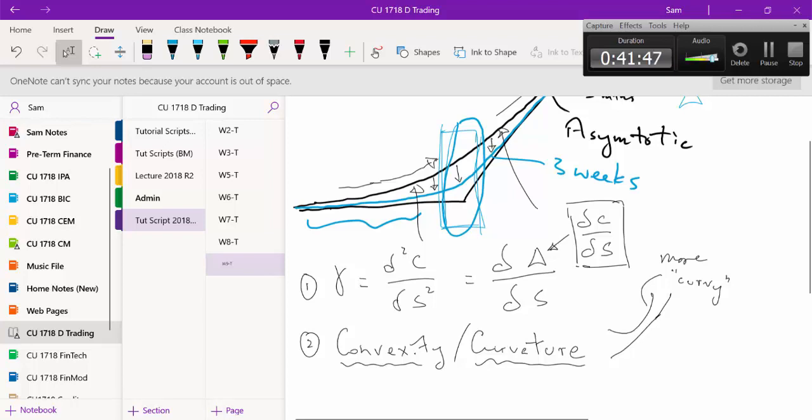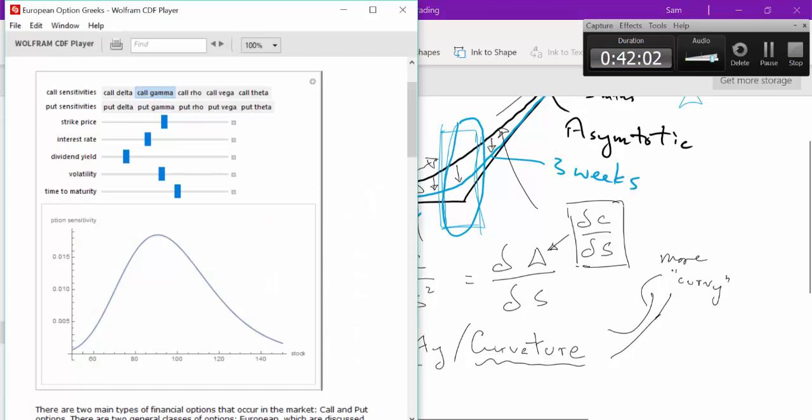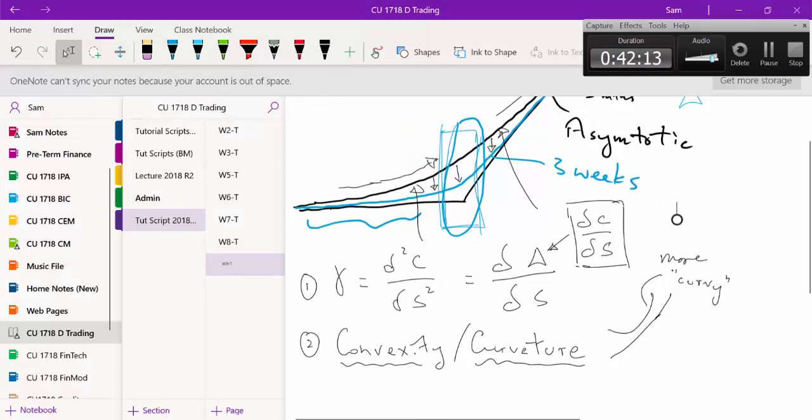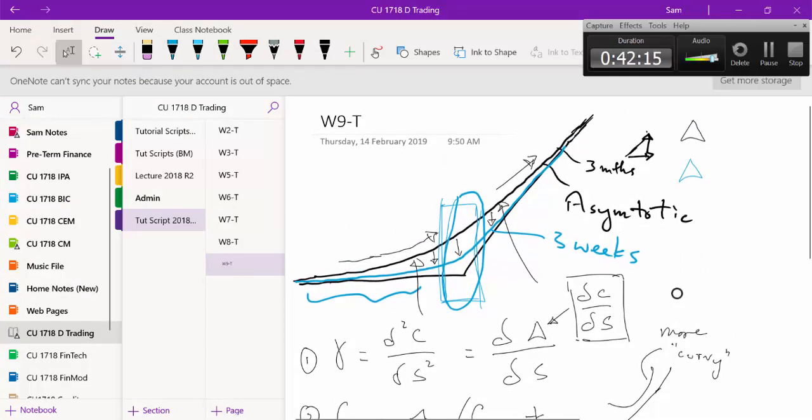So the first way is the rate of change of delta, and the second way to interpret that is just how curvy it is, or the convexity. Okay, you can see that if you look at this diagram, the fact that it looks like a mountain is actually consistent with the way it is slowly rising.